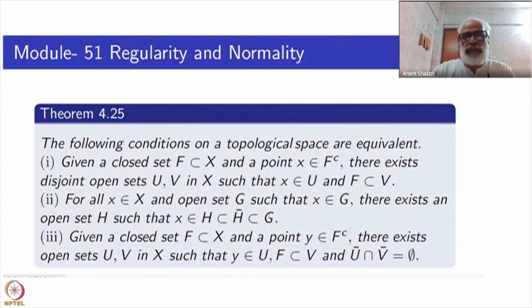Actually, here I have said open set G, that's enough because once it's a neighborhood, this G can be replaced by a subset which is open. That's all. The third condition is: given a closed set F inside X and a point Y outside F, similar to the conditions in 1, there exist open sets U and V in X such that Y is in U and F is inside V. All this is the same as number 1, but the last part is different: here, instead of only disjoint, U bar intersection V bar is empty.